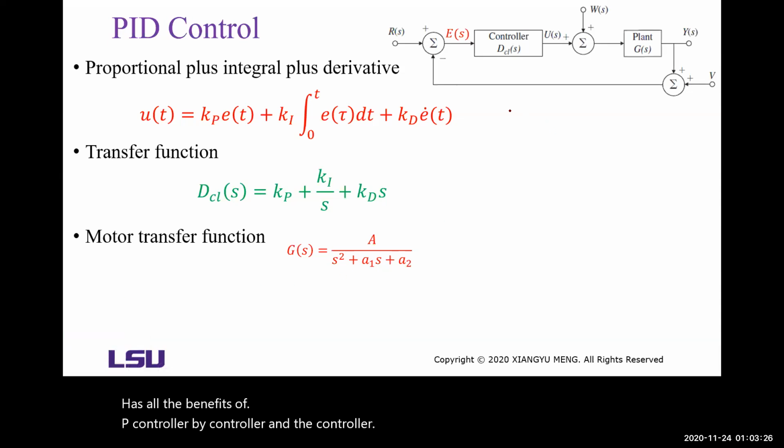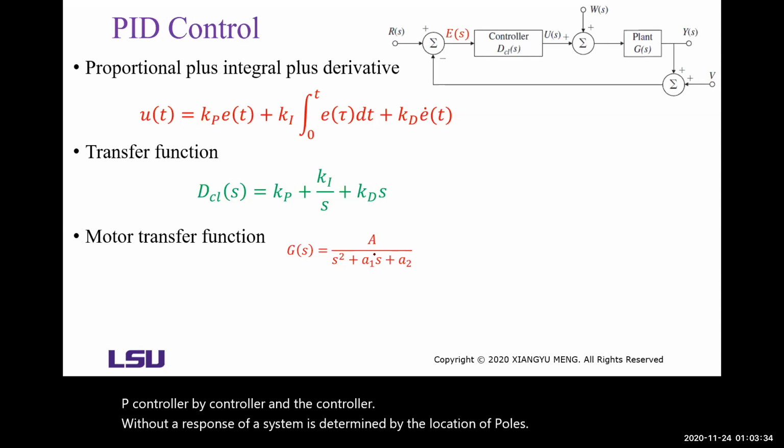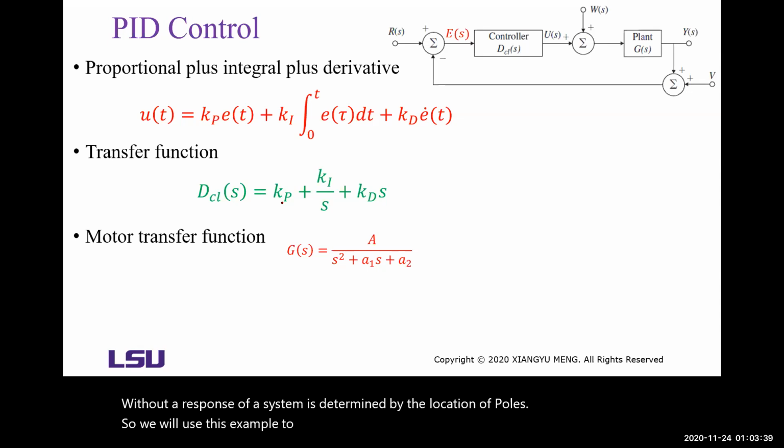We know the response of a system is determined by the location of its poles. So we will use this example to show how the parameters Kp, Ki, Kd can determine the poles of the closed loop transfer function.